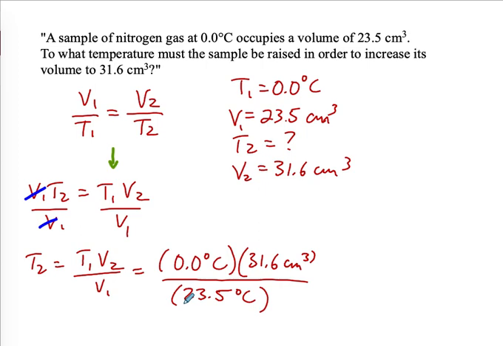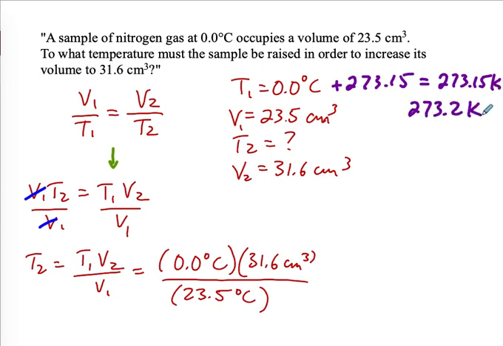What we need to use is temperature in the absolute temperature scale, which is Kelvin. And we will convert from degrees Celsius to Kelvin by adding 273.15, I'll go over this in the next slide, to give us a new temperature of 273.15 Kelvin, or rounding to the correct number of significant figures, 273.2 Kelvin. So now let's go back and fix our problem.